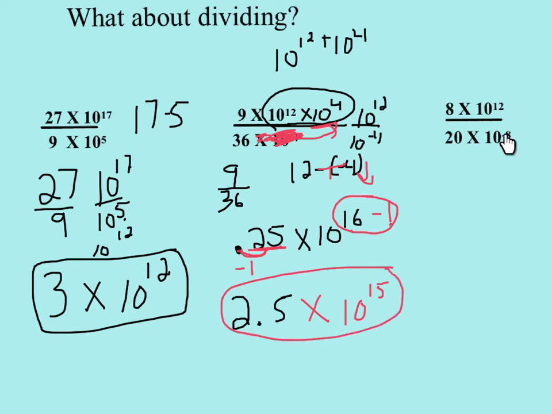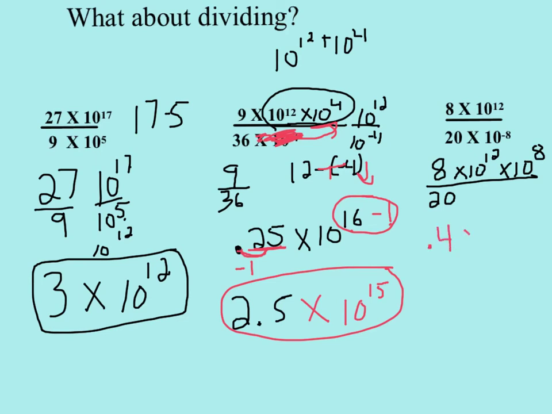So we have one more. Before we start, let's take this and move it up. I took the 10 to the negative 8 power and I put it up. So it's positive, okay? Because remember, negative attitude, change position. So let's do this. 8 divided by 20 equals 0.4.